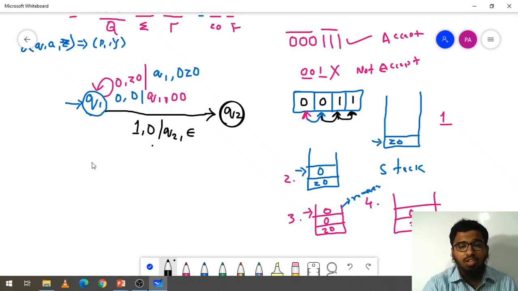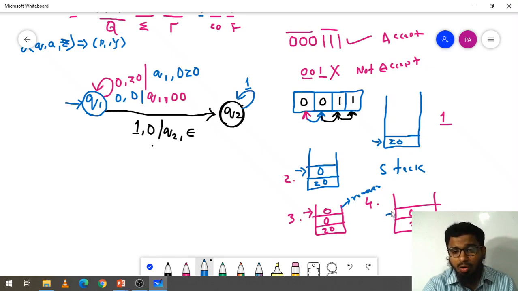So what is the next state we have now? We finish Q1, so the next state is Q2. When we have Q2 on 1, and what is at the top of the stack now? The top of the stack now is 0.